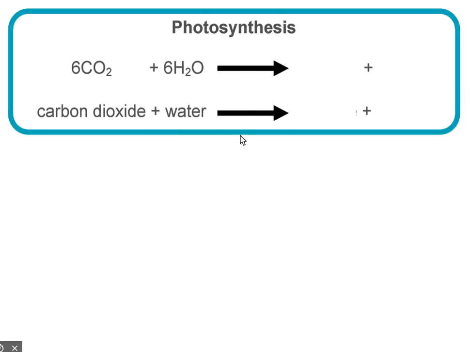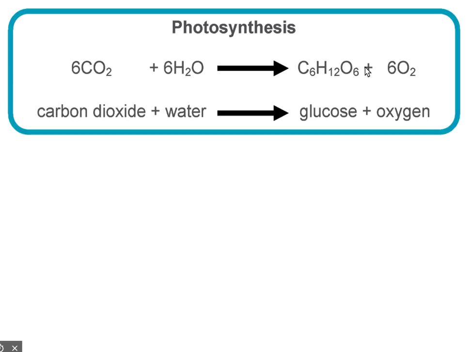Then we mix in our sunlight in the chloroplast, and the sunlight has been trapped by the chlorophyll, and we get out 2 products from this. We get out glucose, C6H12O6, and we get out our other product, oxygen, 6 O2s. So that's the chemical formula for photosynthesis.